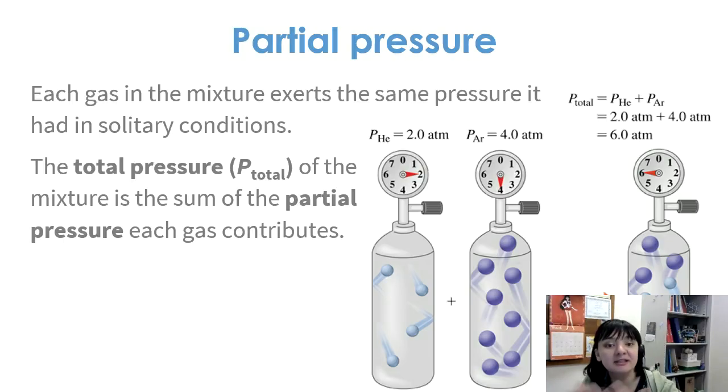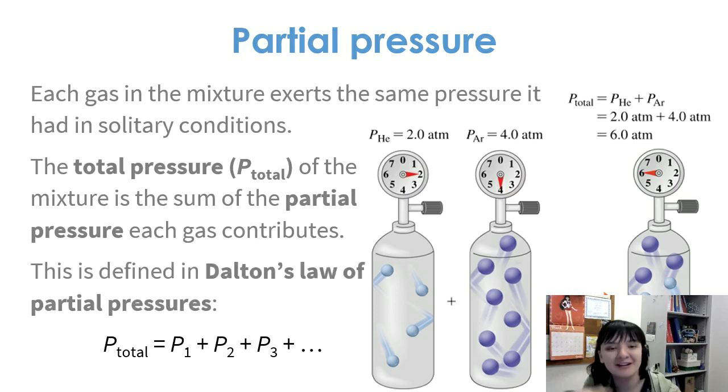It's equal to the sum of those partial pressures. This idea is referred to as Dalton's law of partial pressures. It's defined like so: when you have a mixture of gases, the total pressure that the mixture exerts is equal to the partial pressure of gas 1 plus the partial pressure of gas 2 plus the partial pressure of gas 3, and so on and so forth.